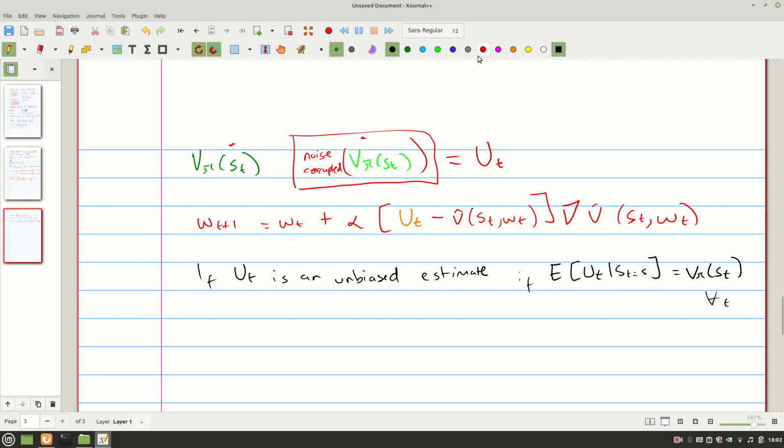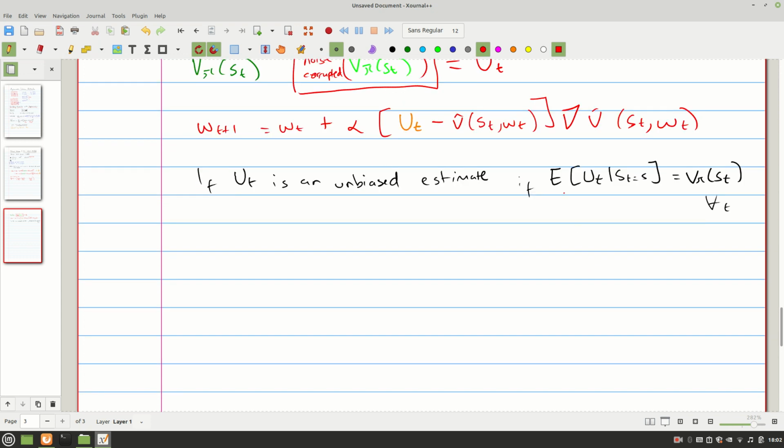But we can actually make guarantees of these convergence properties if ut is an unbiased estimate. So if we think, for example, of the Monte Carlo target, the Monte Carlo target is GT.